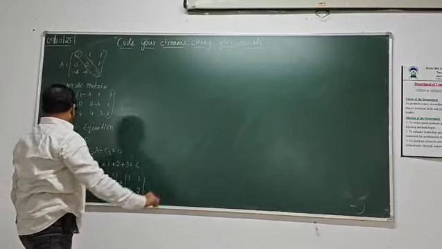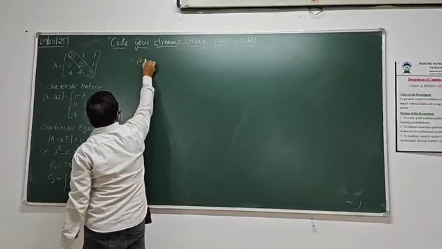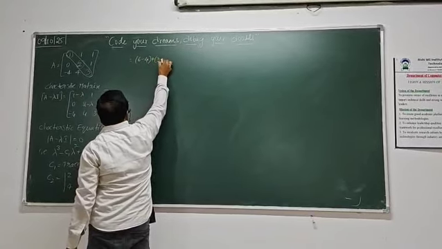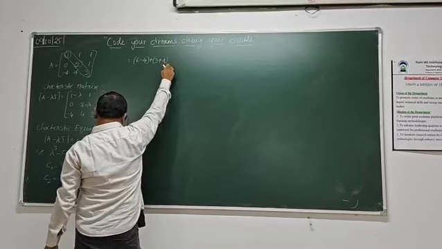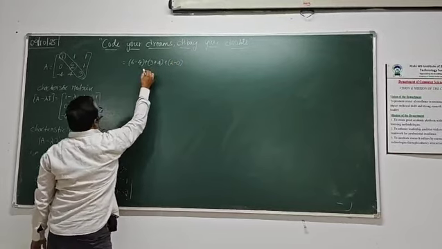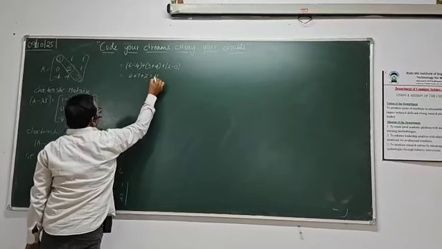Now find the determinants of these: 6 minus 4, plus 3 plus 4, plus 2 minus 0, that equals 2 plus 7 plus 2, which is 11.